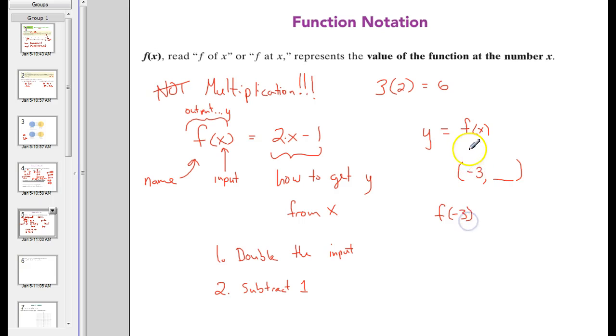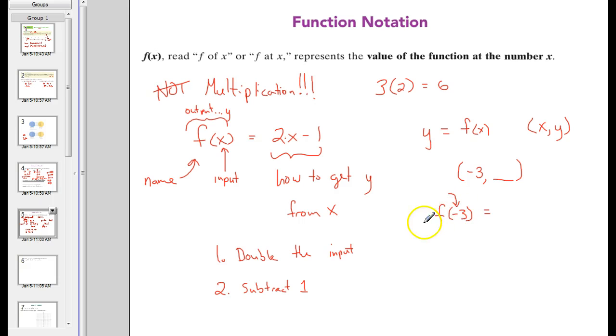Okay, remember this is like in an ordered pair, x is first, y is second. So the first thing in the ordered pair is -3. That's the input, because that's going right here in where the parentheses was. So we replace the x in the parentheses with -3. So that means -3 is going into the function. Okay, it's like some kind of a pouch or something, like on a kangaroo or something. So we put -3 inside the function f.